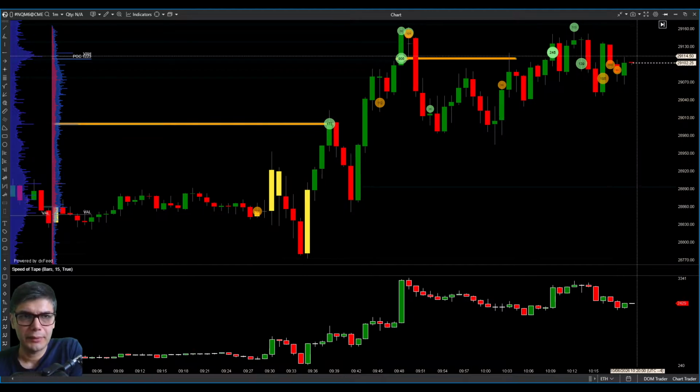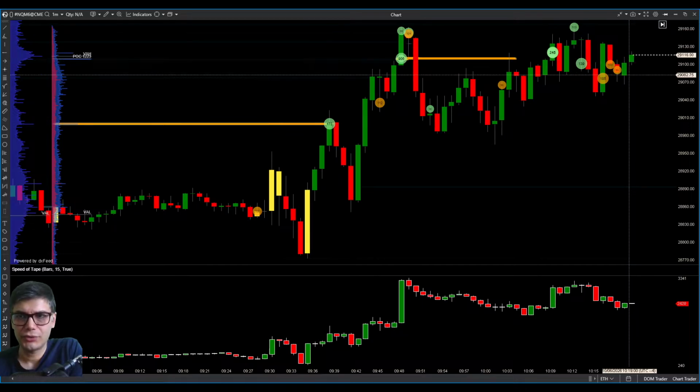With the value area high slightly changed, the point of control is now 1223 right here. It's constantly changing.